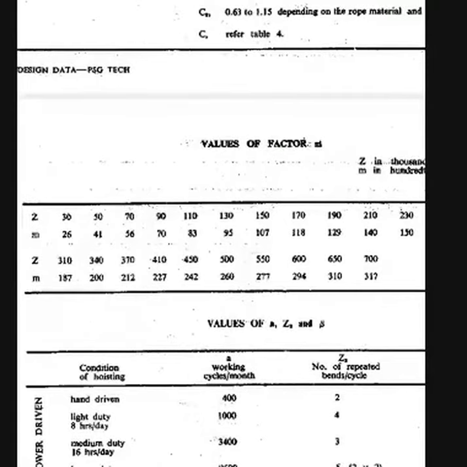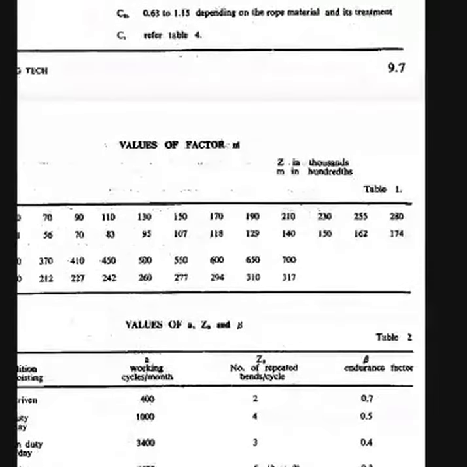So for medium duty, A is 3400 working cycles per month. In one month, 3400 cycles are working. Then Z2 is 3 as we can see, and endurance factor beta is 0.4. So all this we have taken from 9.8.